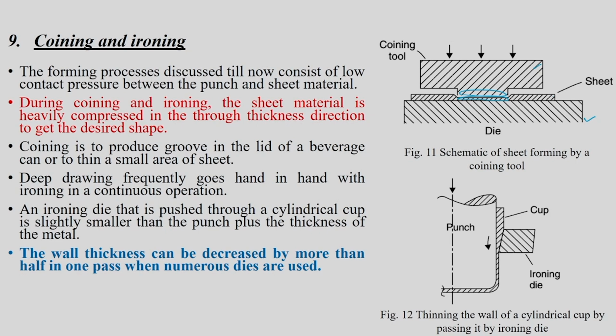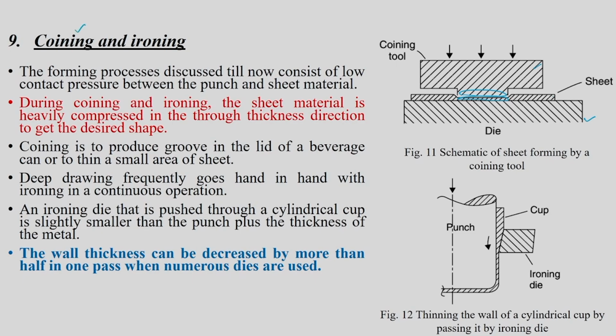It is basically some sort of shallow plastic deformation, but it is going to be very intricate, because the sheet we speak of is of the order of, let us say, 1 to 2 mm, or maybe 2.5 mm, and you have to give some shape in the thickness direction. That shape is going to be a little intricate, and finer dimensions have to be captured. That is one important thing when you speak about coining.